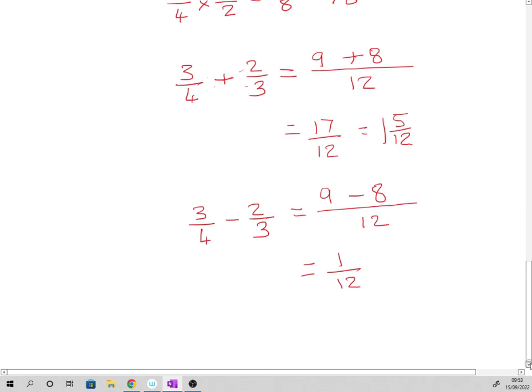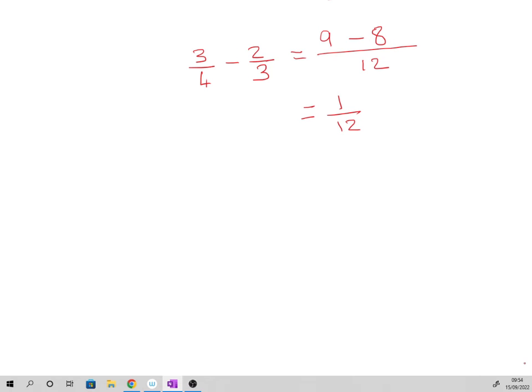Now the only thing you might get is 3.5 plus 2 and a third. Because these are mixed, you'd have to change them into regular or top heavy fractions before you can start. So to do that, you go 2 times 3 is 6 plus 1 is 7, so that's 7 halves.